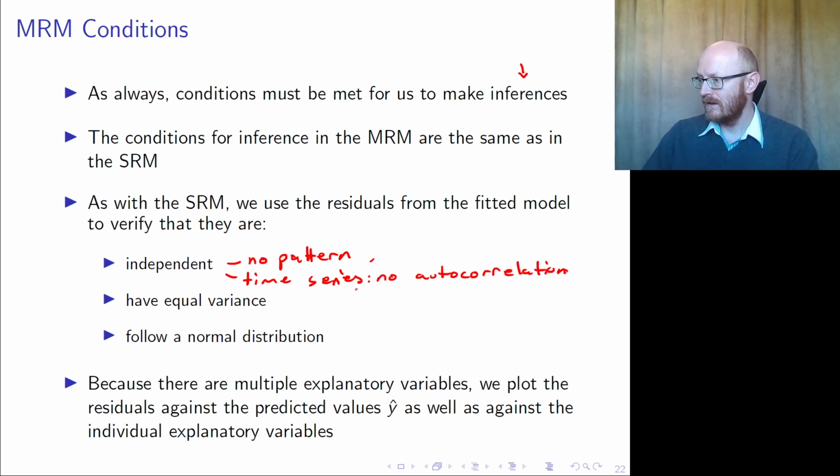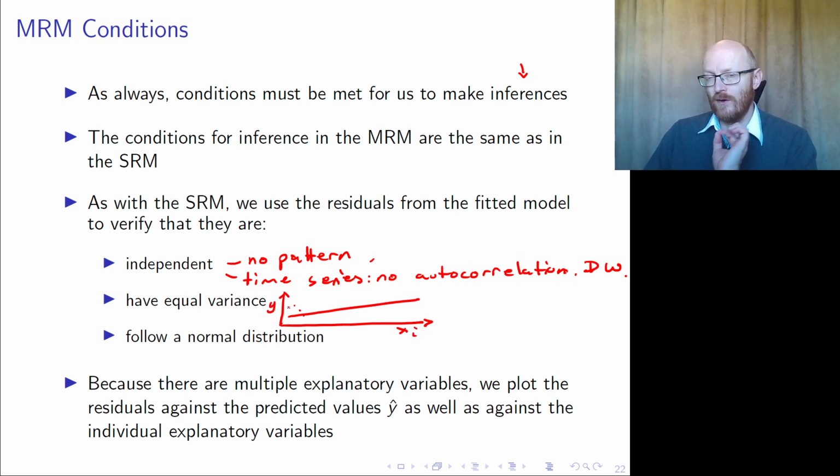And that we test by the Durbin-Watson statistic. Okay, and of course they have to have equal variance. So around any one of the x's, if we plot the y, holding other x's constant, the variance of the residuals should be equal.